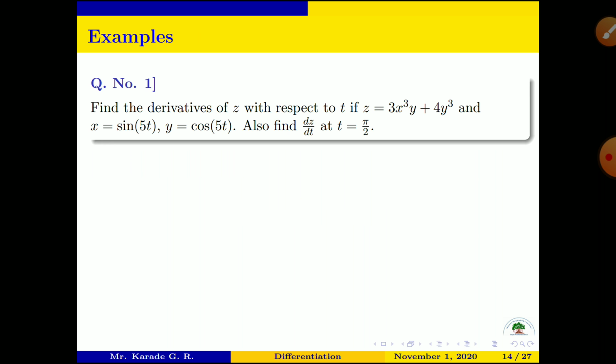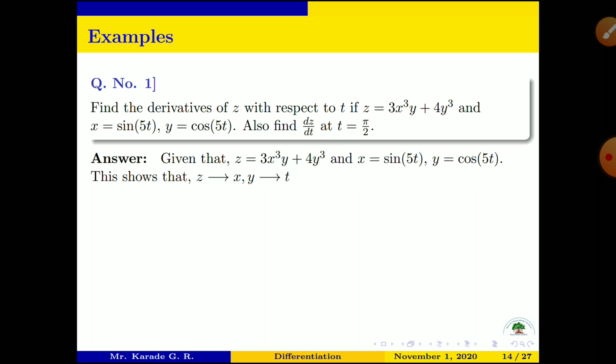No problem. So the answer to this question is: given that the function z = 3x³y + 4y³ and x = sin 5t, y = cos 5t. Here we observe that z is a function of two variables x and y, and x and y are again functions of the variable t.